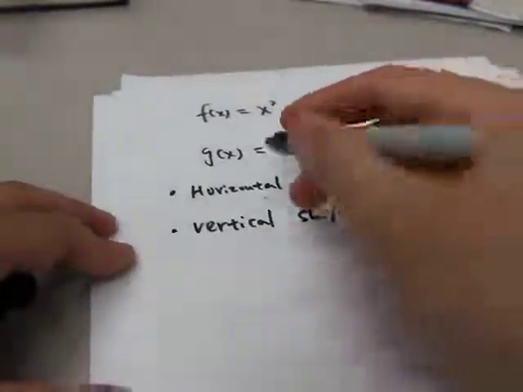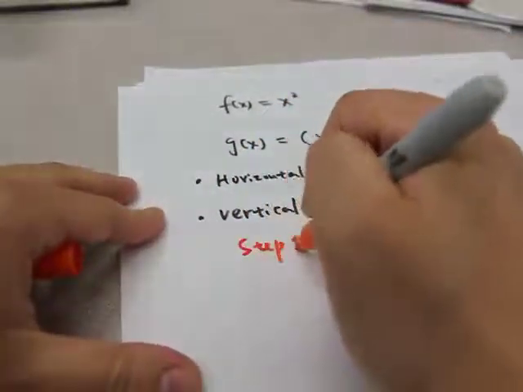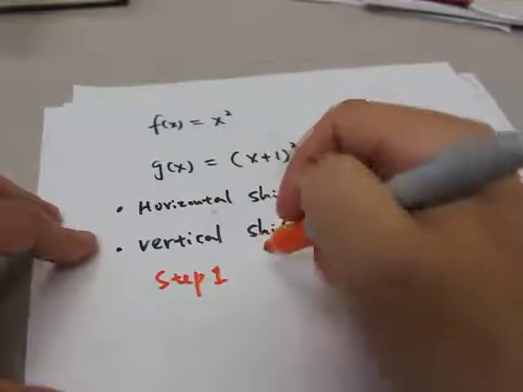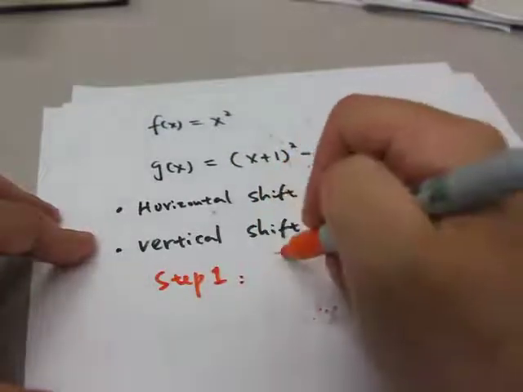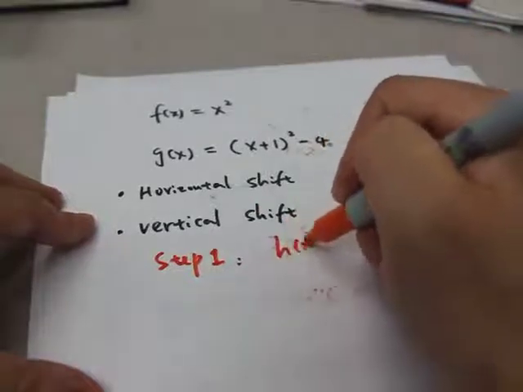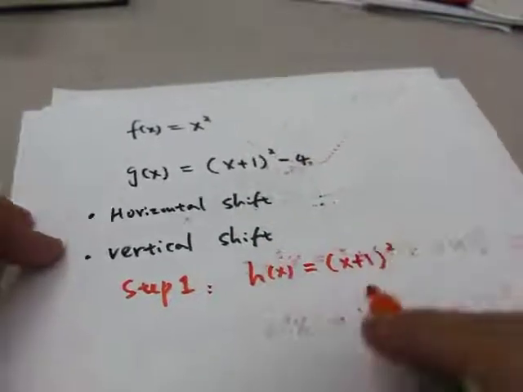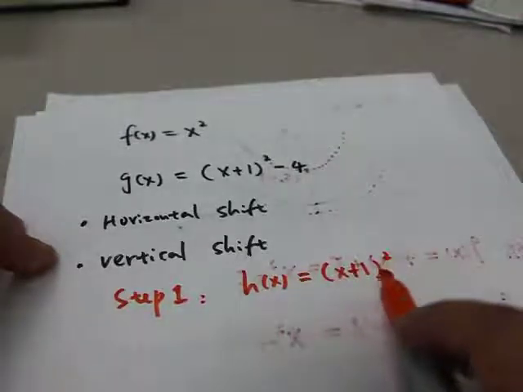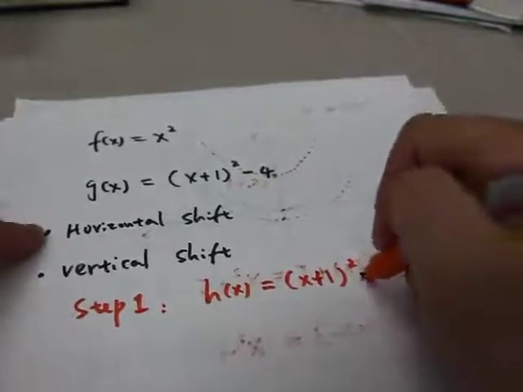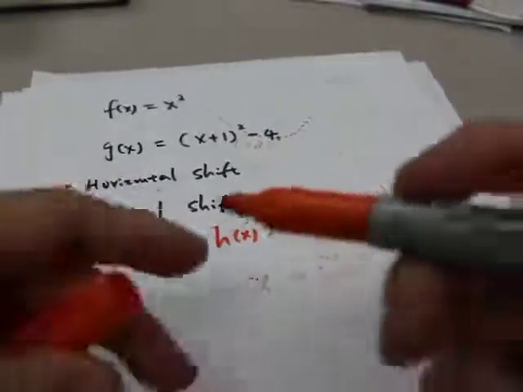So if I want to graph this function, I'm going to do this in two steps. Step one is I'm going to graph, let me use another notation, x plus 1 squared. This is like f of x plus 1.